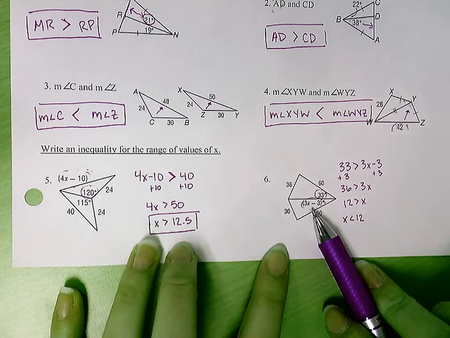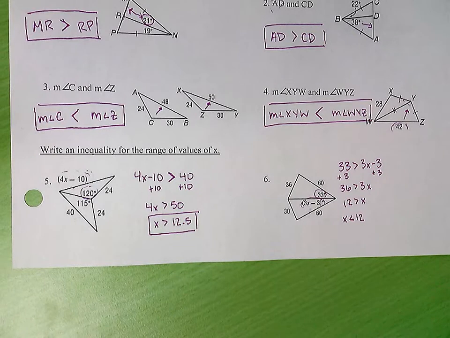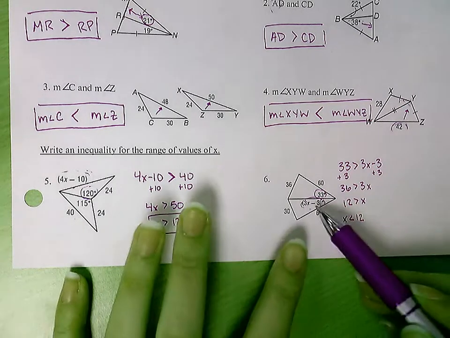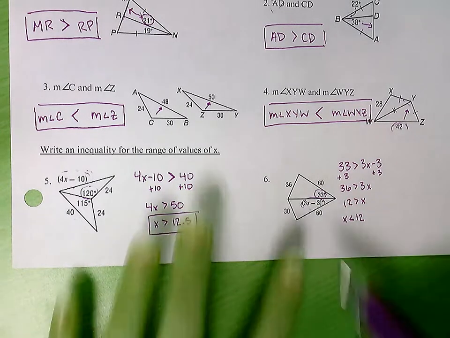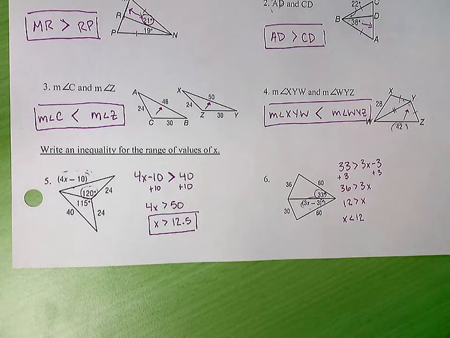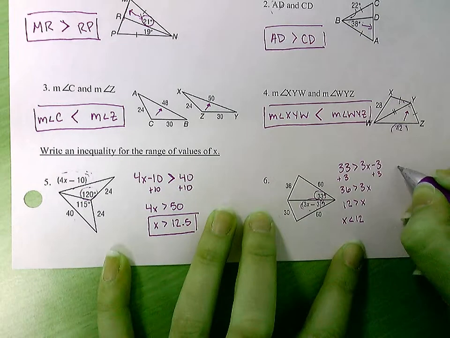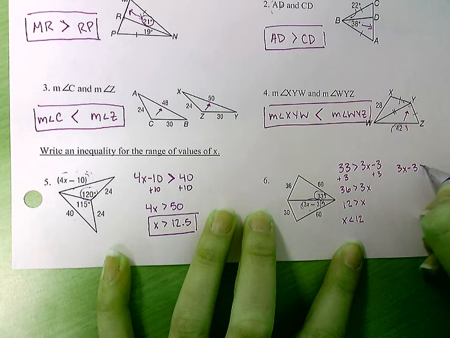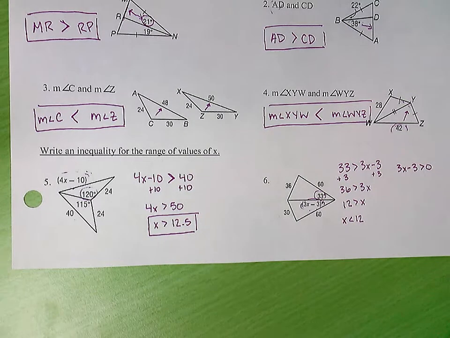Okay, I can't have a negative angle measure. So I need that angle of 3x minus 3 to be greater than 0 because it can't equal 0 or less than 0. So I need to take 3x minus 3 and it has to be greater than 0. Okay, because your angle measure cannot be 0 or in the negatives. Does that make sense?